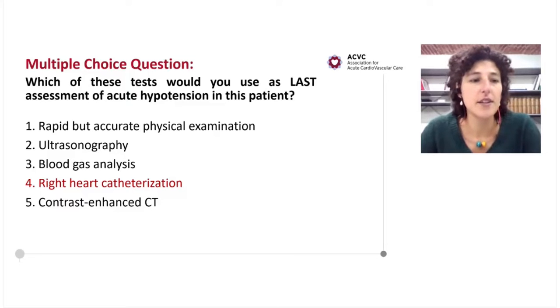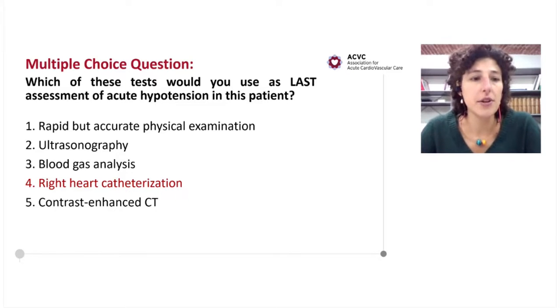Actually, the first 3 tests are quite rapid and they can give you an assessment of the context of the hypotension: physical examination just to see the patient is not bleeding externally, or physical signs of a specific cause of hypotension.